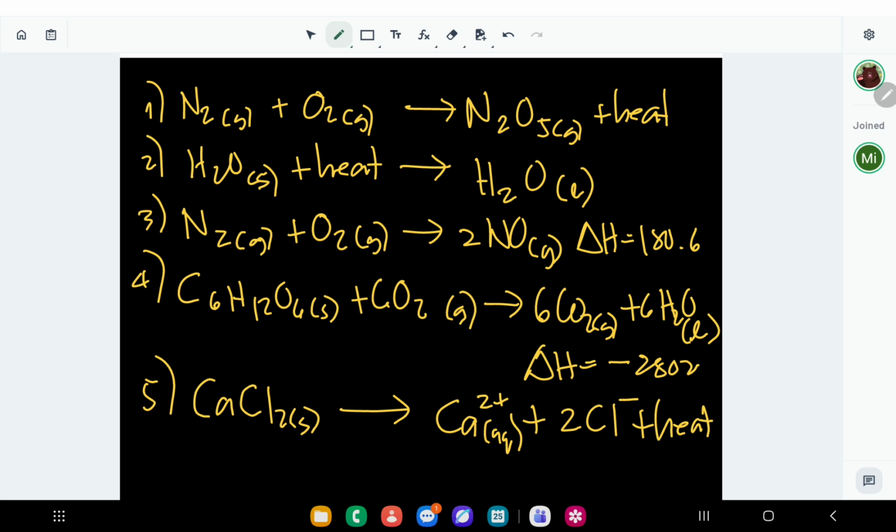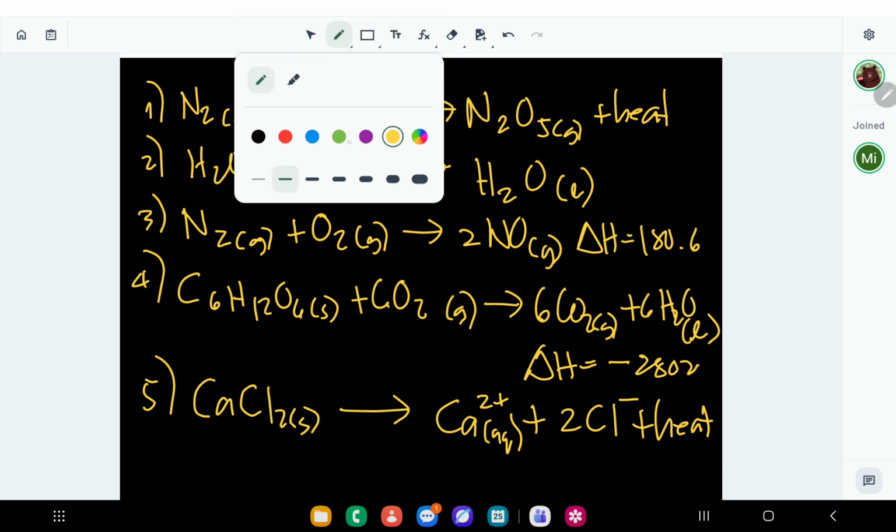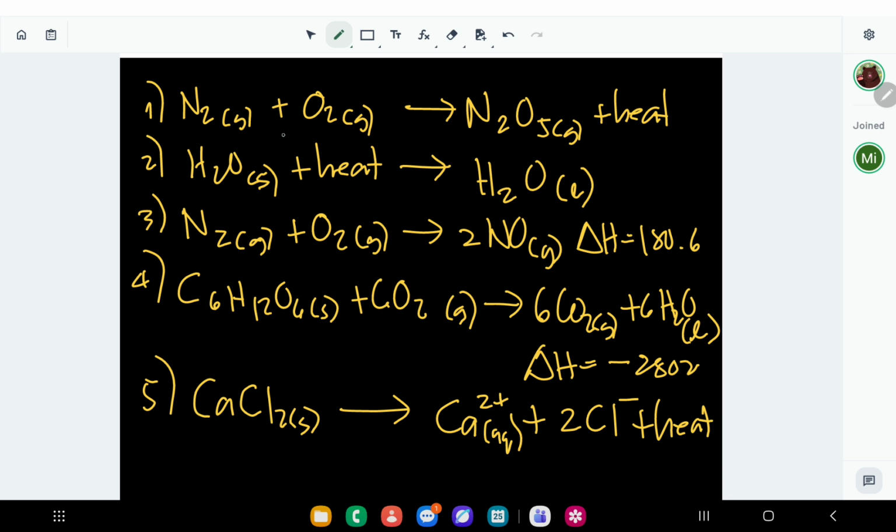Everything is gas, right? So this one is spontaneous. Well, we have NO bonds. So delta H here is positive, endothermic.